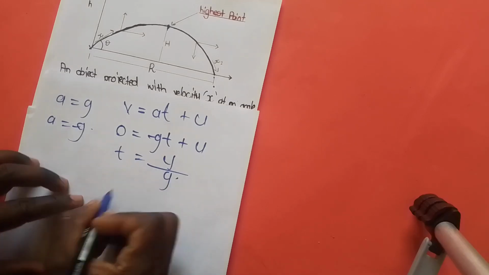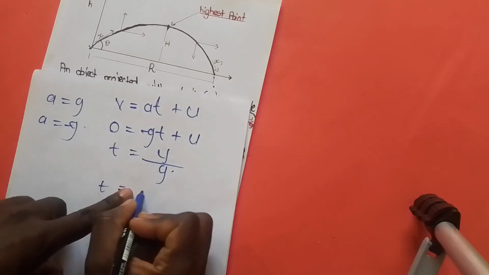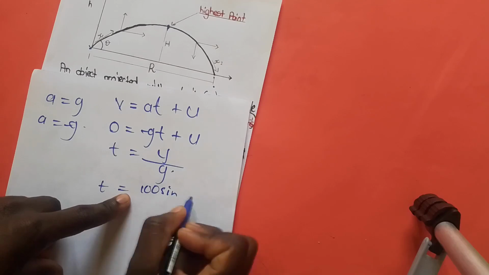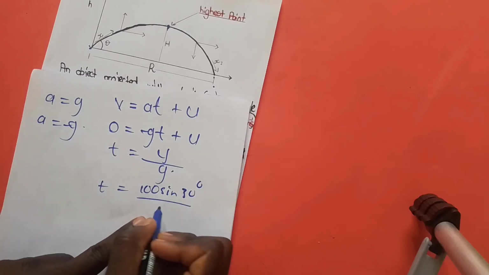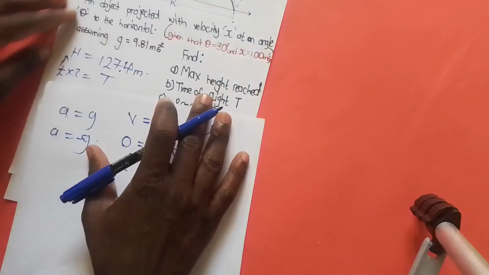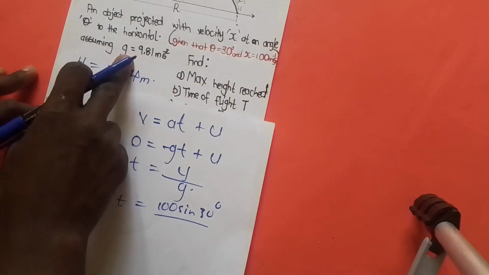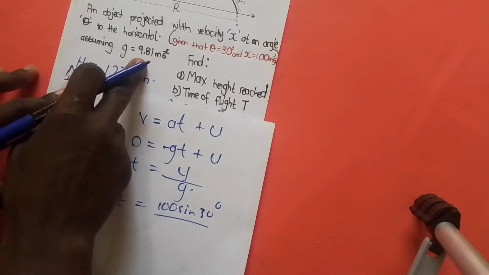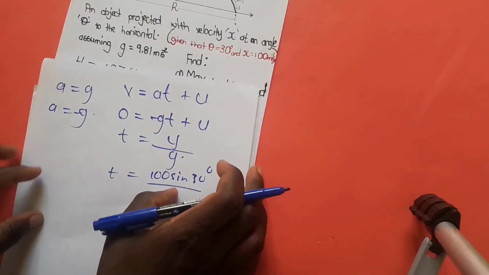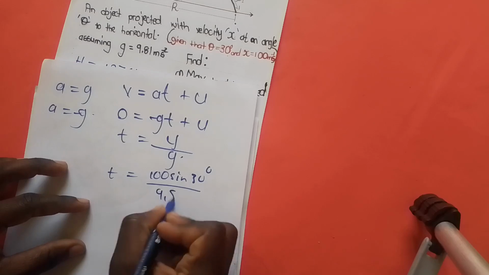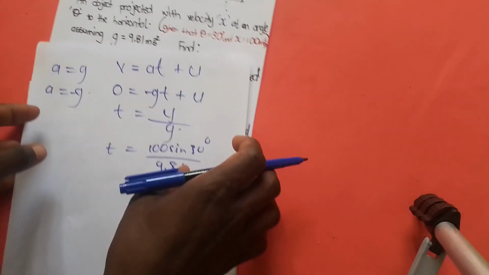So for the initial vertical velocity, we know that t is equal to 100 sine 30 degrees over g. The question tells us to assume that g is equal to 9.81 meters per second squared.